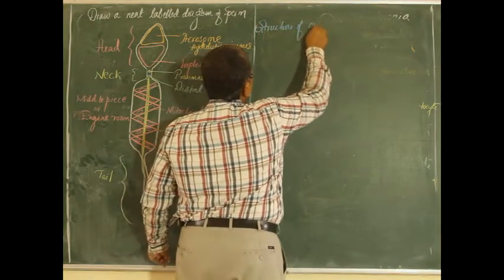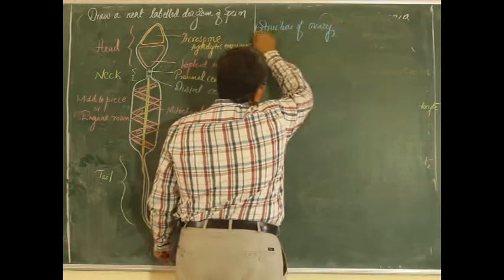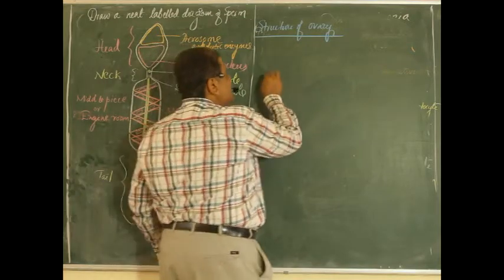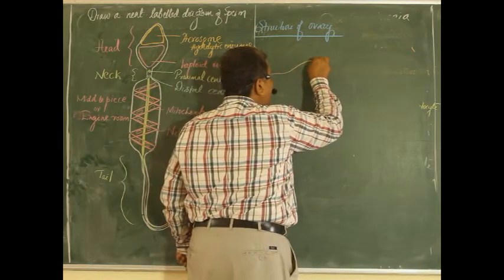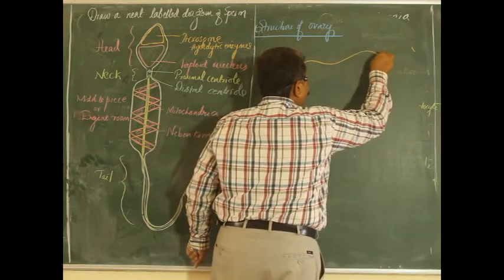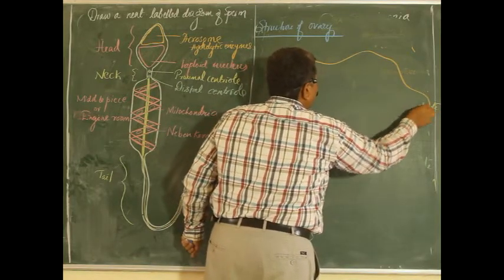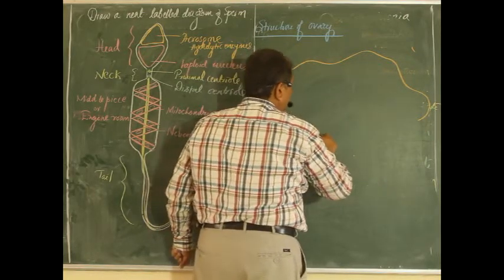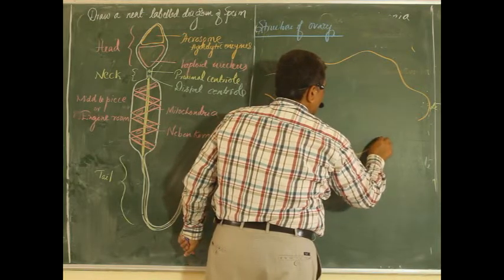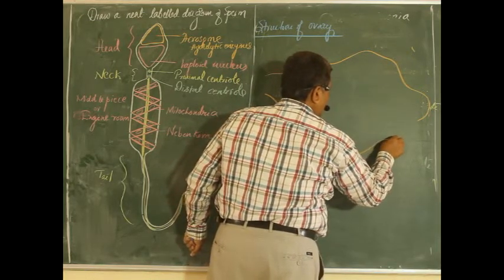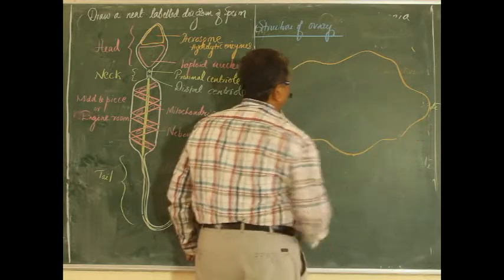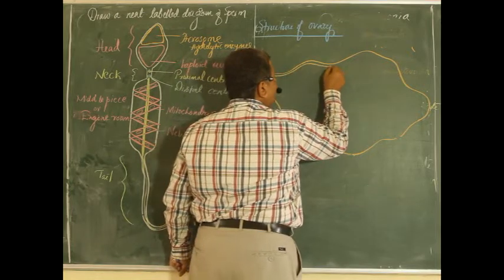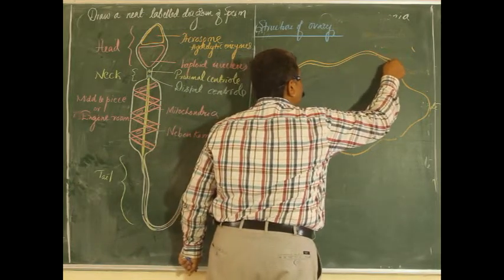Structure of ovary. There are two ovaries which are situated on either side of the uterus, and it has the following structure. This is the epithelium of the ovary. Epithelium, outer layer of the ovary.